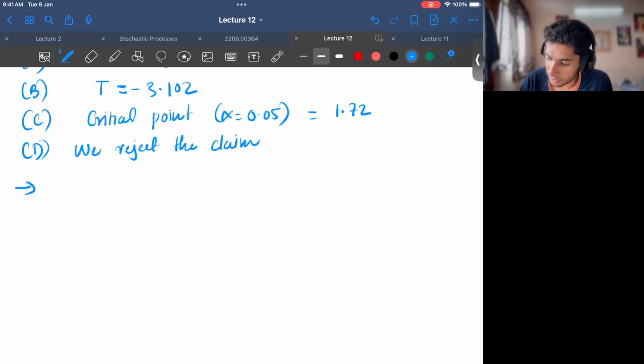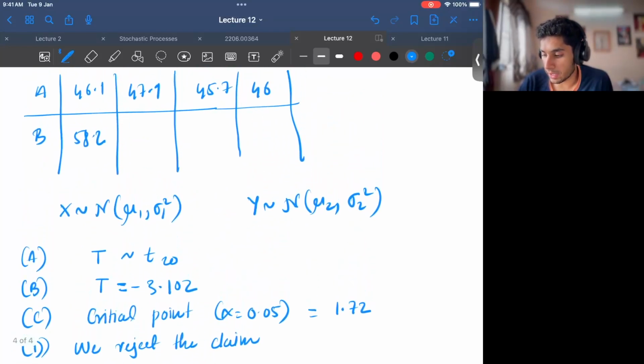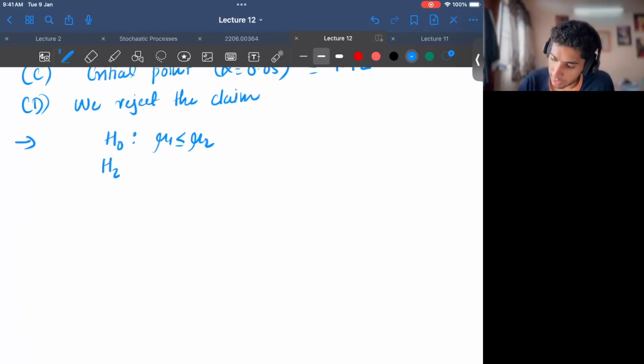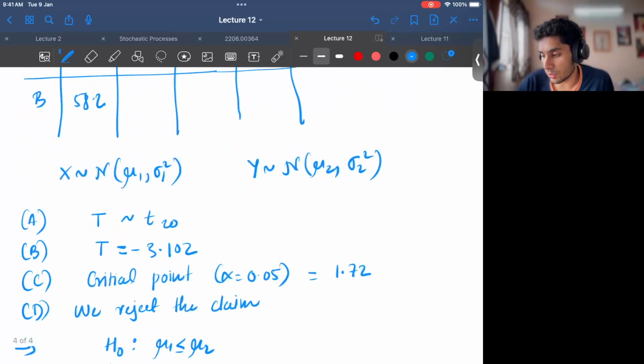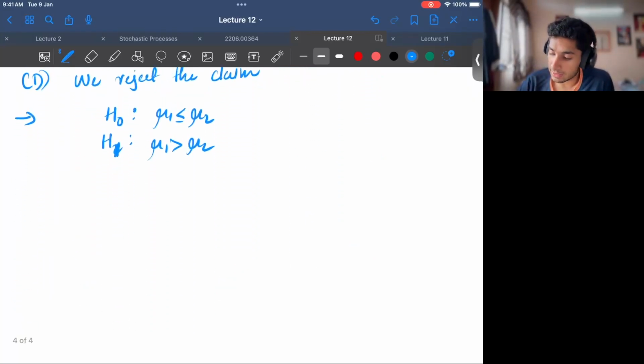Again, it's simple. What will be the null hypothesis? The null hypothesis is what the company is claiming, that is mu1 is less than or equal to mu2. If brand A provides faster relief compared to brand B, then mu1 should be less than or equal to mu2. H1 is the opposite: mu1 is greater than mu2. So when mu1, mu2 are different and sigma1, sigma2 are different, what is the test statistic?